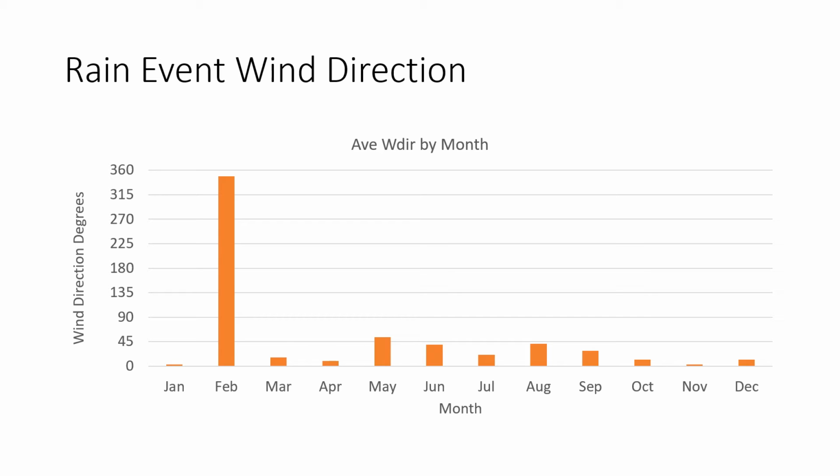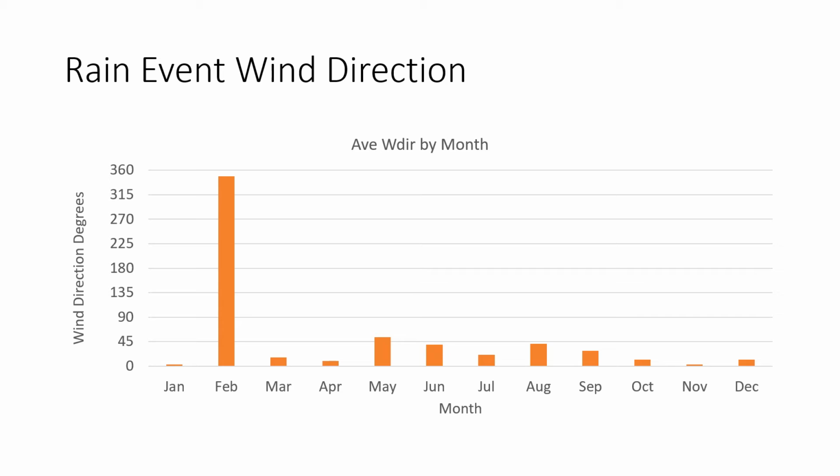So with all that sea breeze knowledge, we can now step ahead and look at some of the rain event data. I have roughly 200 rain events spanning 2016 to 2018. So this chart here depicts the average wind direction for the rain events occurring in each one of the months.